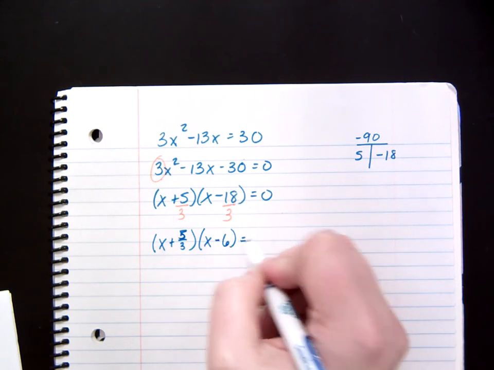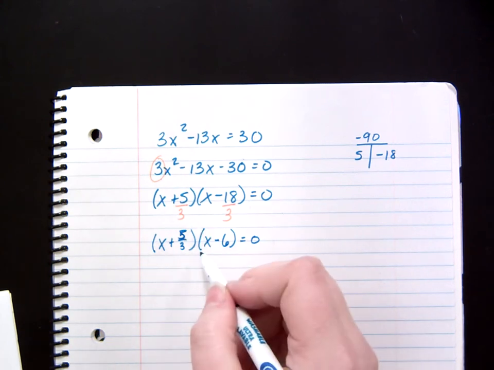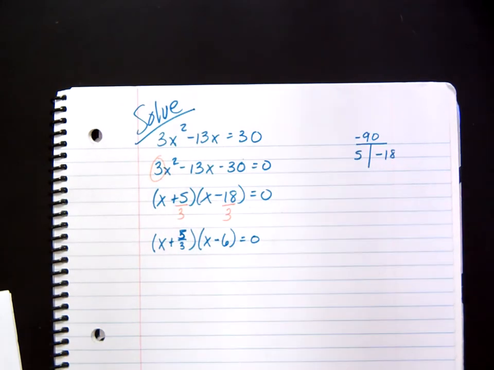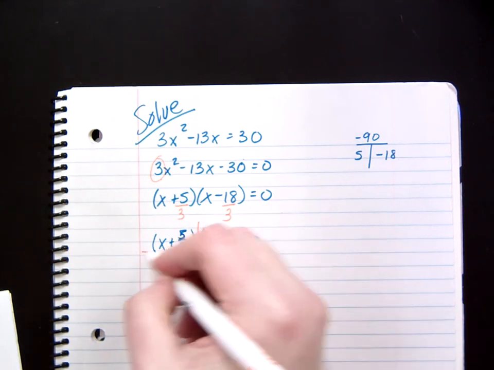Now technically this isn't fully factored, but I am solving here, not factoring. So instead of rewriting this one as 3x plus 5, I'm going to leave it as is, because I can go ahead and just use it the way it is.